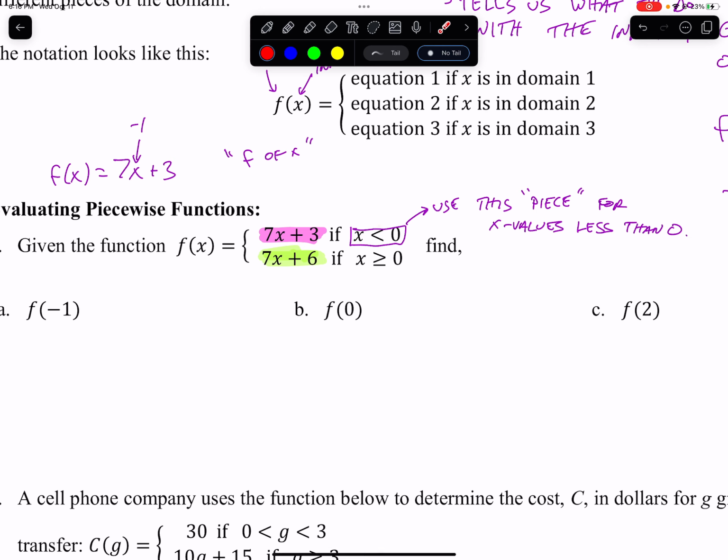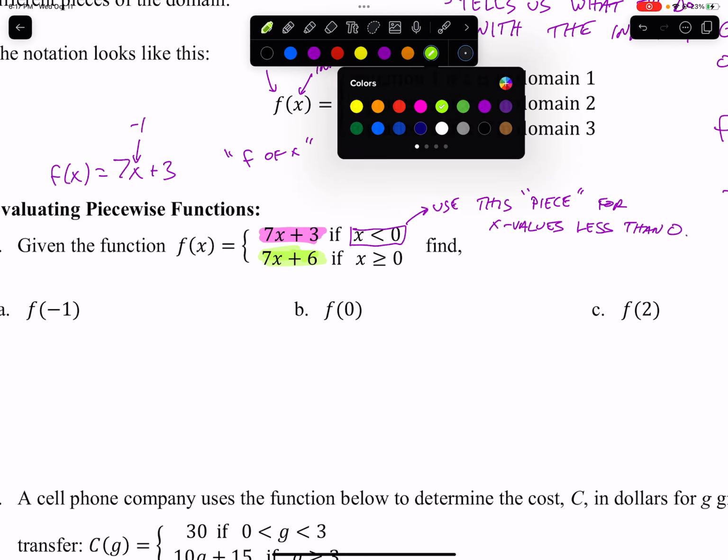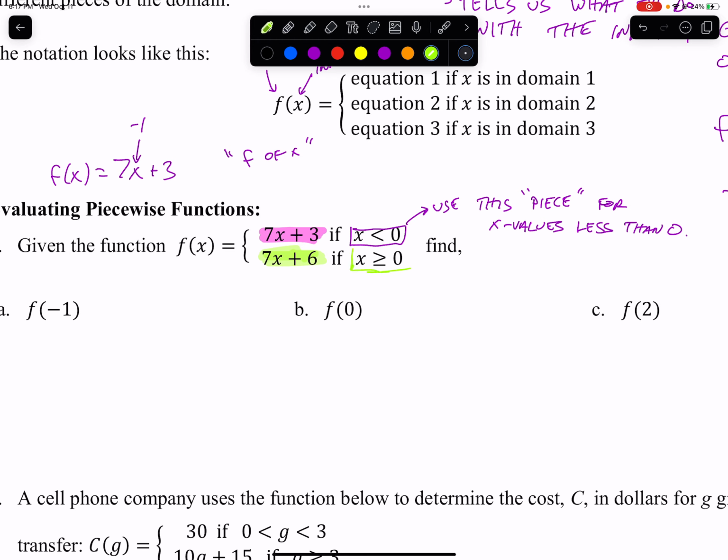If x is bigger than 0, let's go green here. I'm going to choose a darker green just so it will show up better. If x is bigger than 0, we use this piece. So we'll use the bottom piece for x values greater than 0.